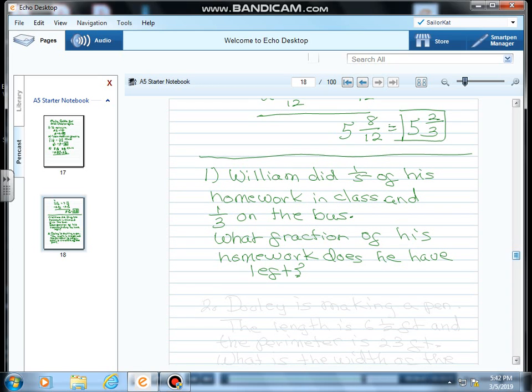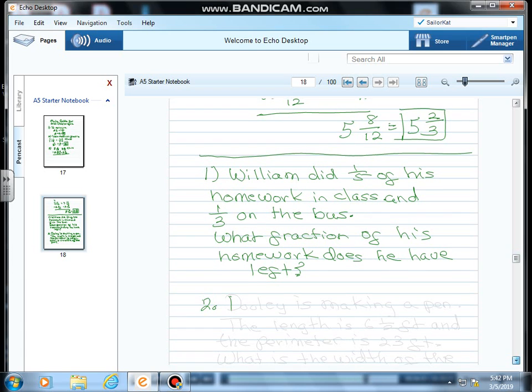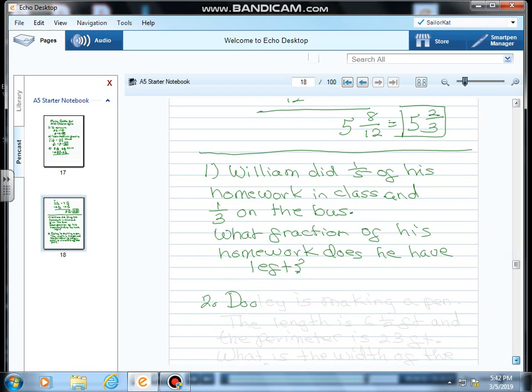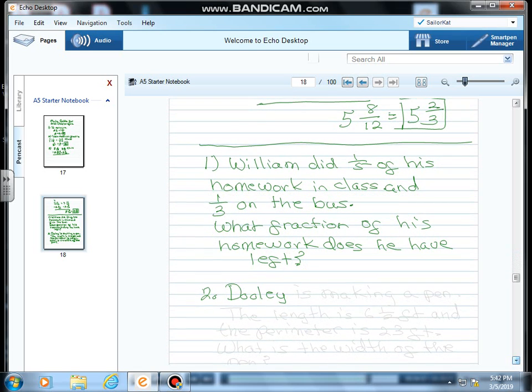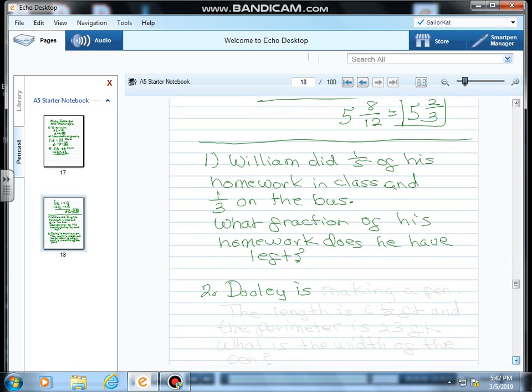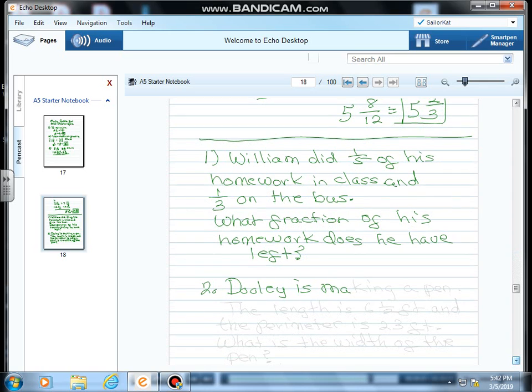The second question involves Dooley. Dooley is making a pen. So he's probably making a pen for his dog or his pig or whatever animal he has.